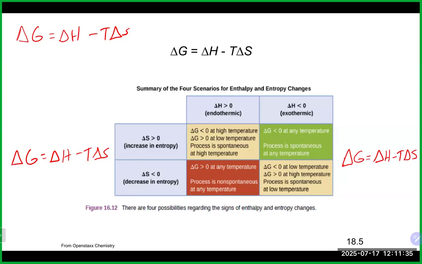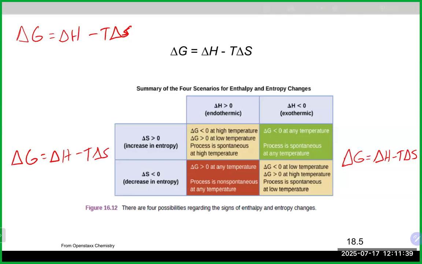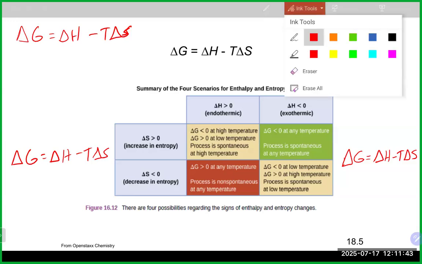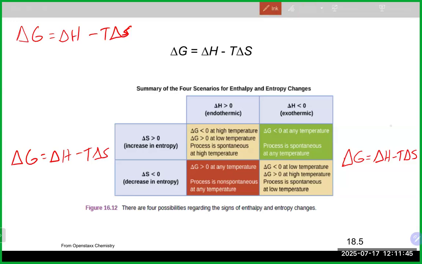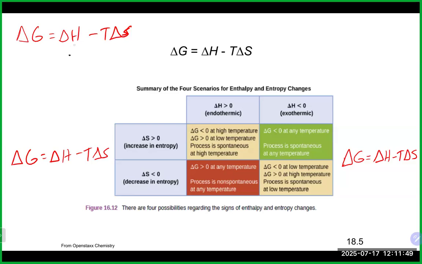Once again, we have to remember what we just talked about, the difference in the units. This one over here is in kilojoules, and this one is in joules. So the delta H term gets about a 1,000-fold jump on the other one in most cases.